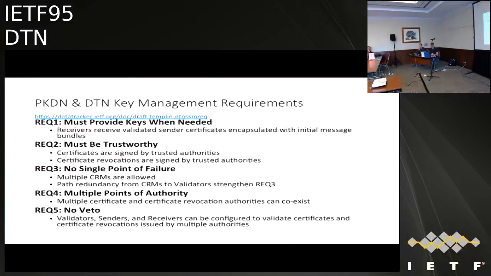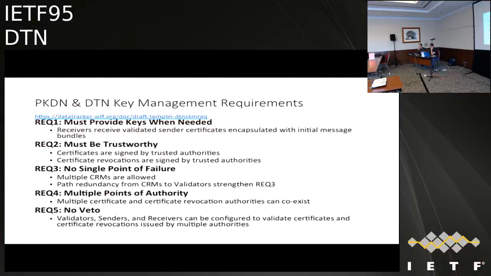The second requirement says the key transfer must be trustworthy, and this can be realized by using trusted authorities like the certificate revocation manager, again with the ability to revoke the keys. Trust is basically from the certificate revocation manager, which can be one or more. Again, we say there should not be a single point of failure.